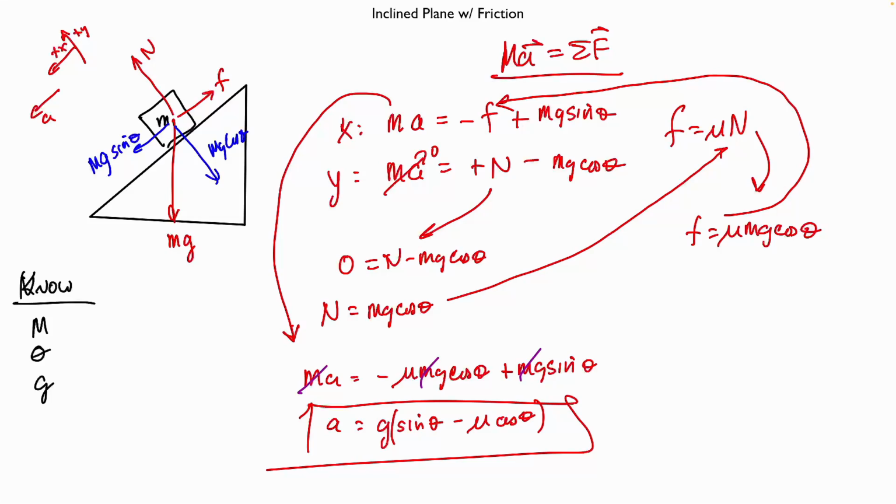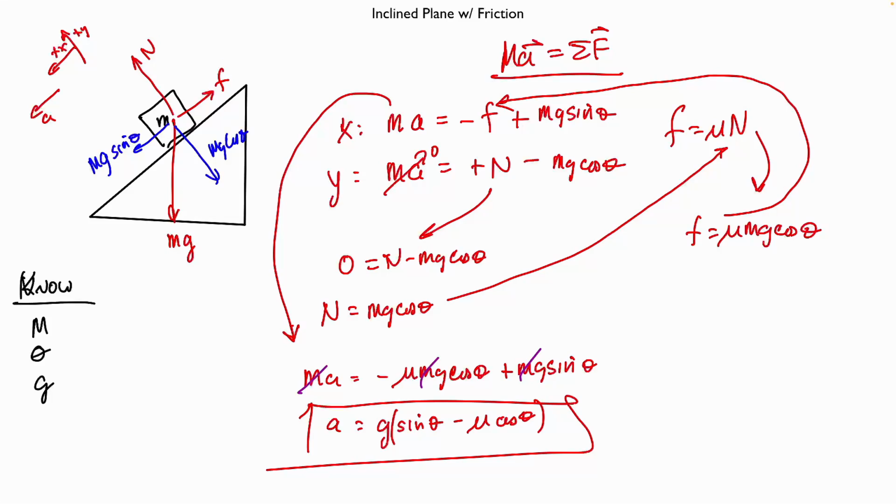What is this term that's got the frictional coefficient in it? What is it doing to the overall acceleration? It's something minus the friction.